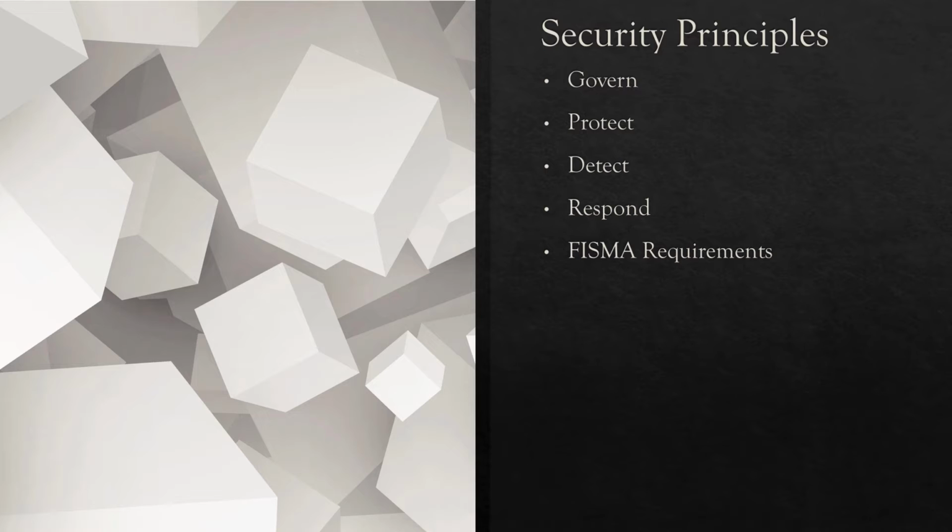Some of the FISMA requirements include maintaining an inventory of information systems, categorizing information and information systems into risk levels, maintaining a system security plan, implementing security controls based off of NIST 800-53, conducting risk assessments, and finally conducting continuous monitoring after those have been implemented.